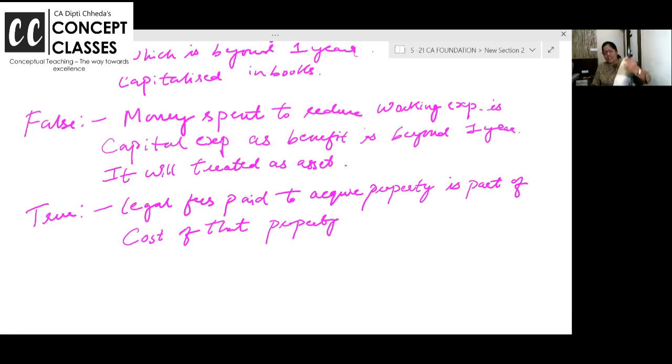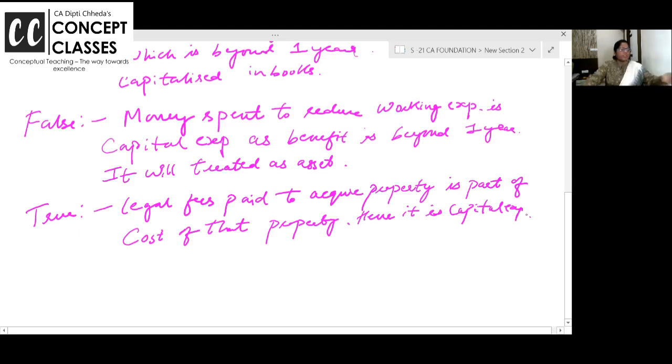Legal expense becomes part of the property. So many times we incur traveling expense and we go to Burma, London, China to purchase the fixed assets. So traveling expenses incurred to purchase the fixed assets, they are capital, they'll become the part of the cost of the property. Hence, it is capital expenditure. And it's true. It's a capital expenditure. Absolutely correct.